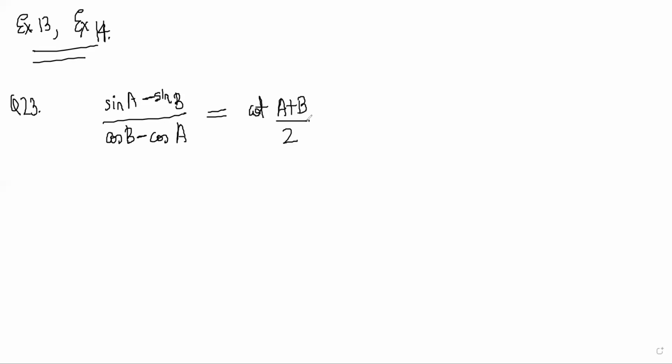So how will I do it? Very simple. I have sine A minus sine B in the numerator, and I know how to handle sine C minus sine D. It is equal to 2 sine (A minus B) by 2 cos (A plus B) by 2.